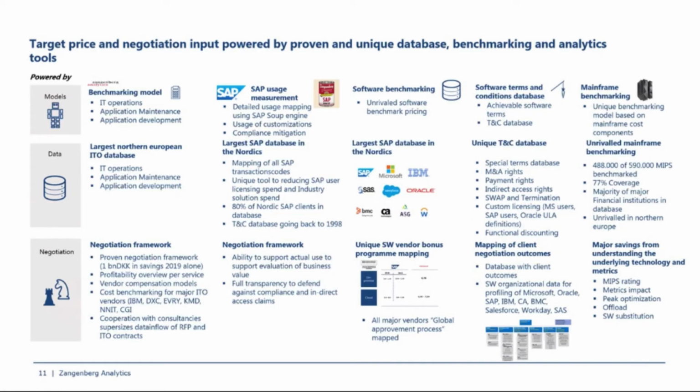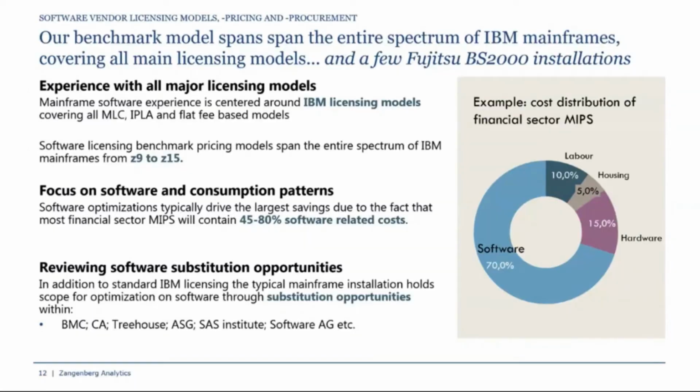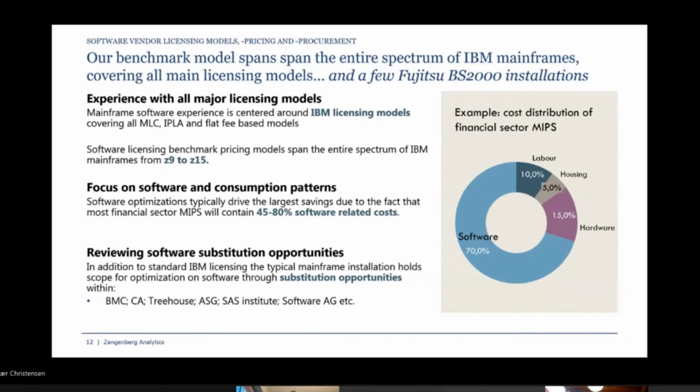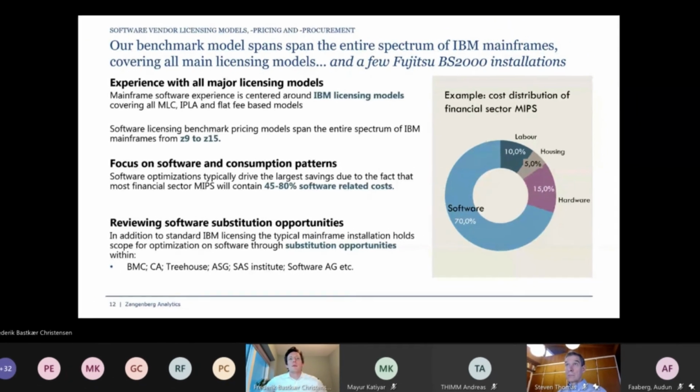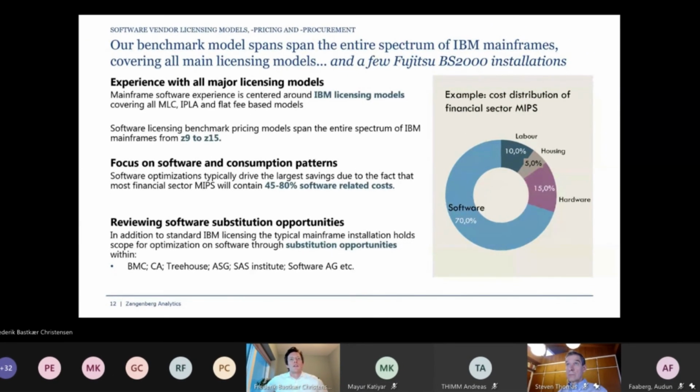But now we have analytics and machine learning and all sorts of great adjectives that we can pin to this. Basically, that's the approach we take when we look at decomposing the prices. And when you have your contract, it's very important that you have a nuanced view of what the MIPS price consists of.